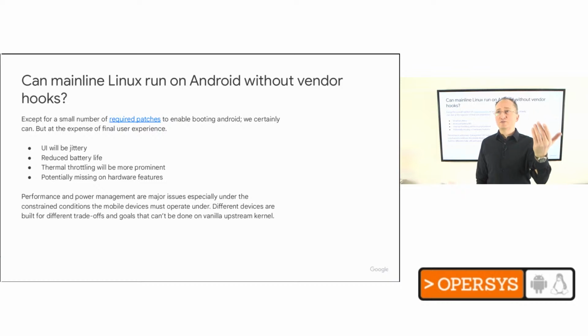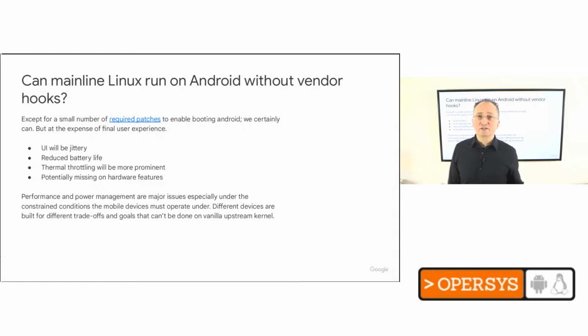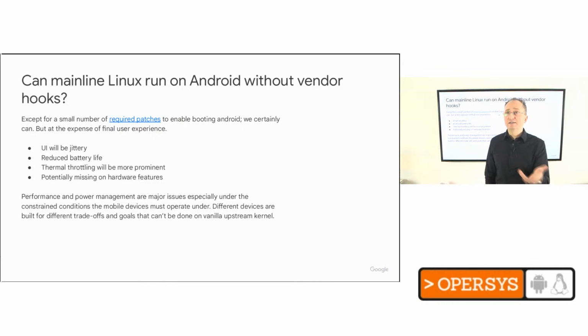To provide a way for vendors to go around those limitations, Google added something called vendor hooks. The idea is you can use those hooks to hijack whatever's going on and do something else. So the question is, can you run without those?